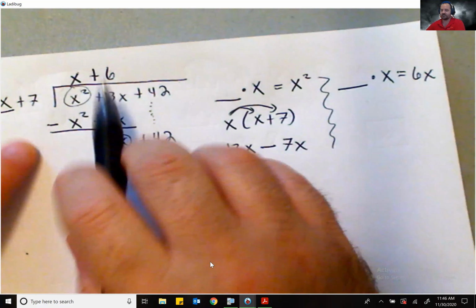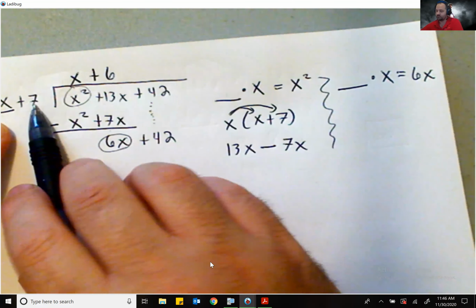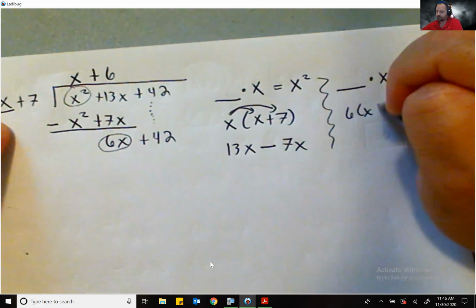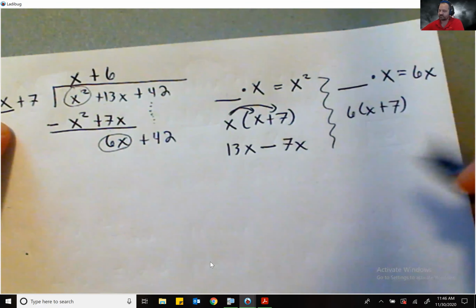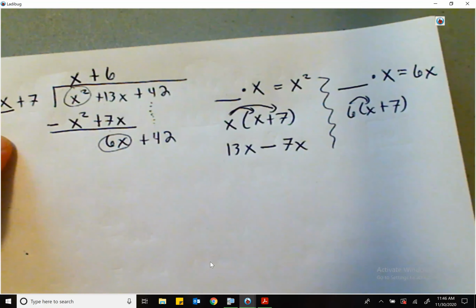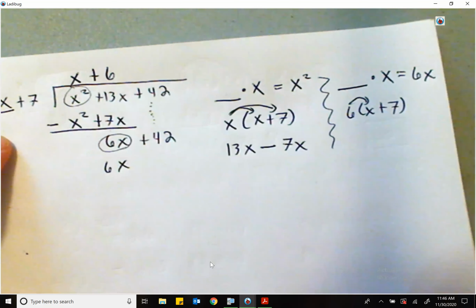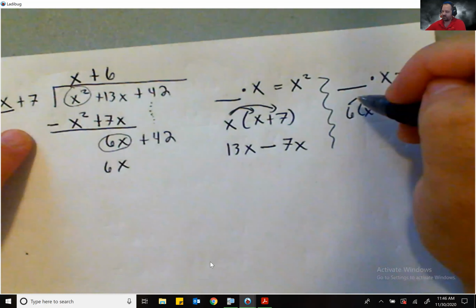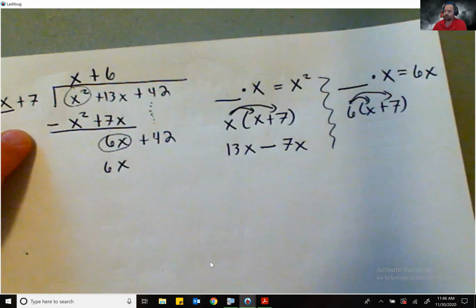So now we're going to take this 6 and we're going to multiply the front. So what's 6 times x? 6x, no surprise there. And what's 6 times 7? 42.